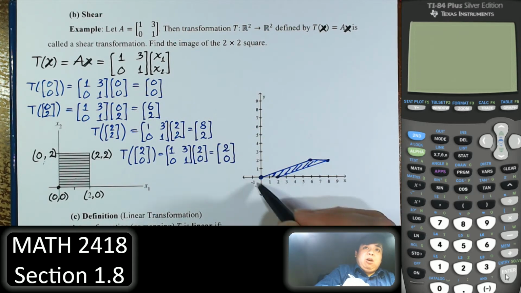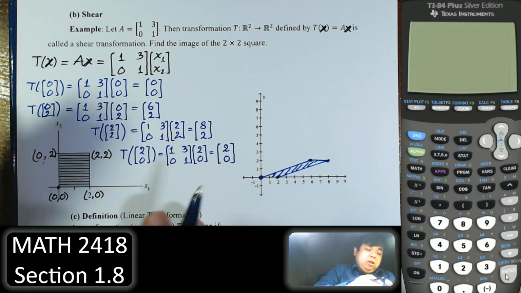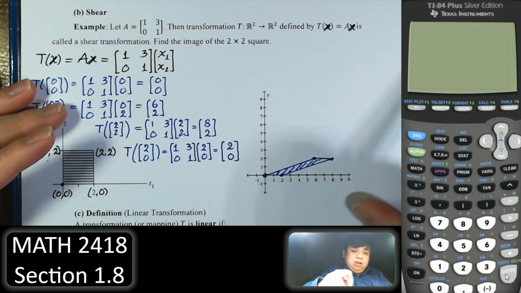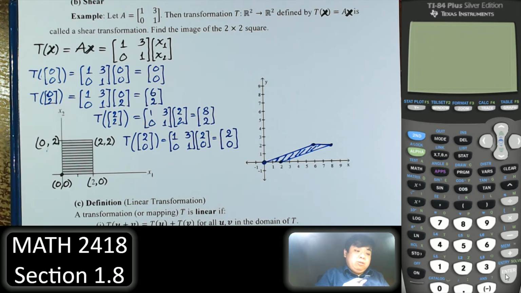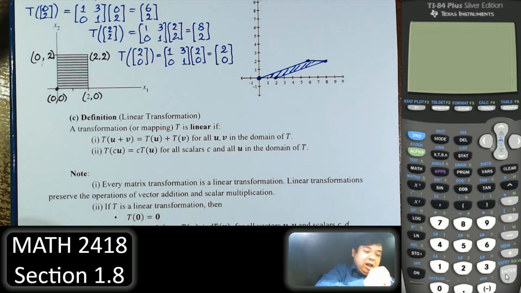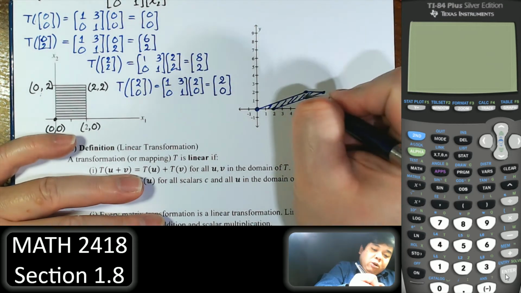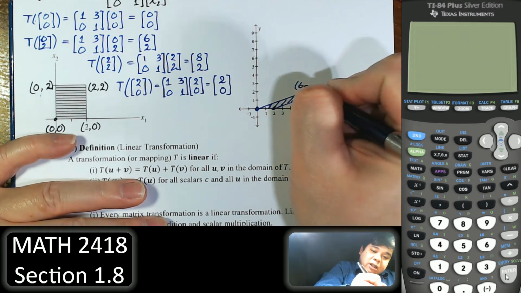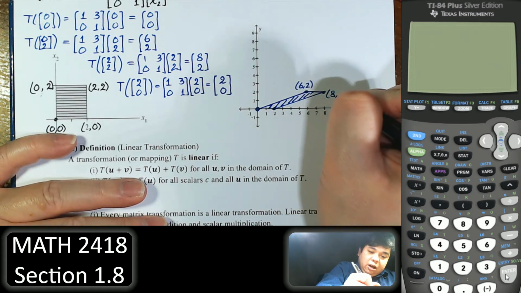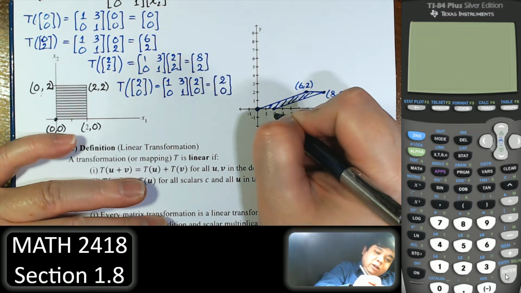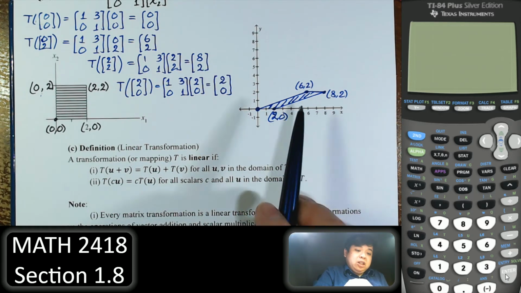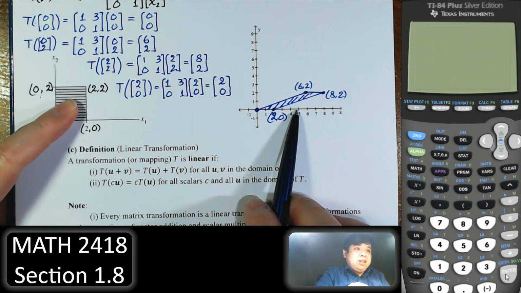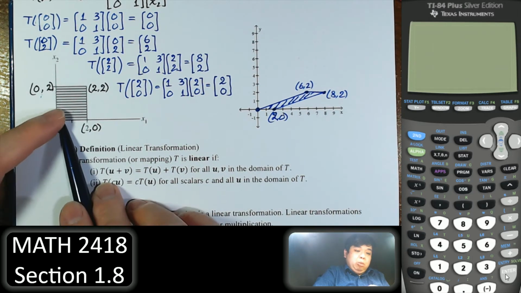So it goes from a square into a parallelogram. I should have these two in the same scale, but regardless, that's what we have. If we want to, we can write the coordinates 6, 2 here, 8, 2, and 2, 0. So this is the image of that, or we say this is the pre-image of that.